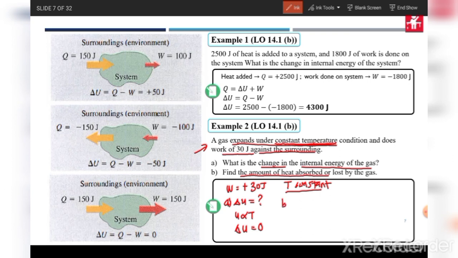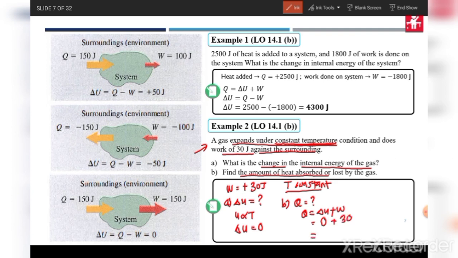Okay, so B. The question asks you to find the amount of heat, that means find Q. We just substitute in the first law of thermodynamics formula. Q is equal to delta U plus W. From A, we know that delta U is 0, plus positive work done.